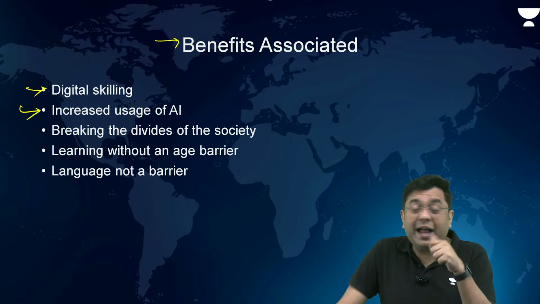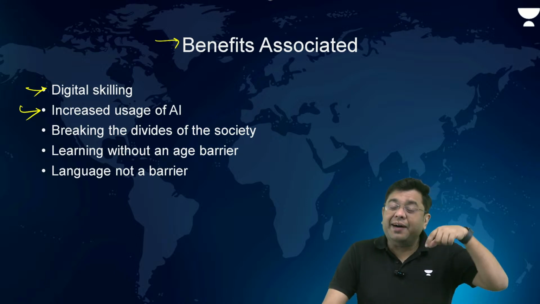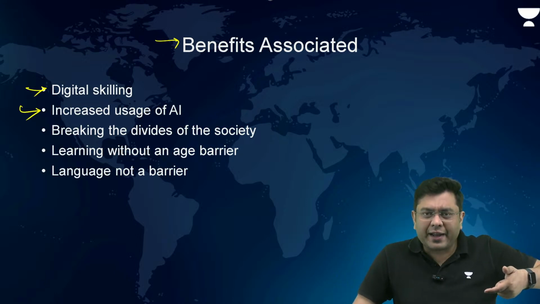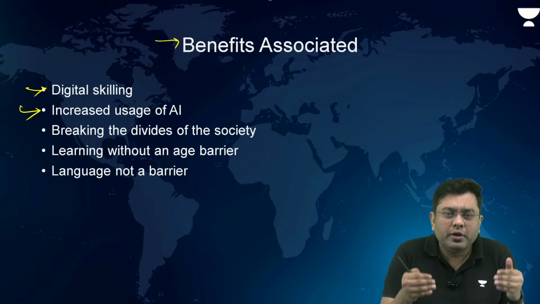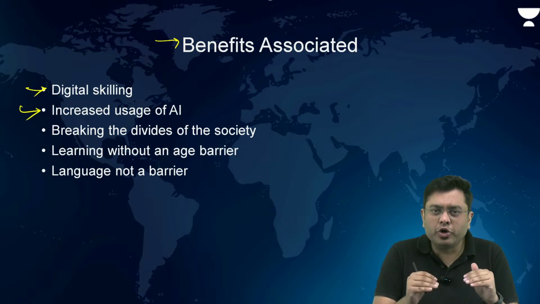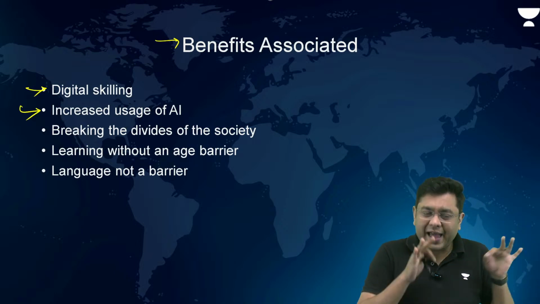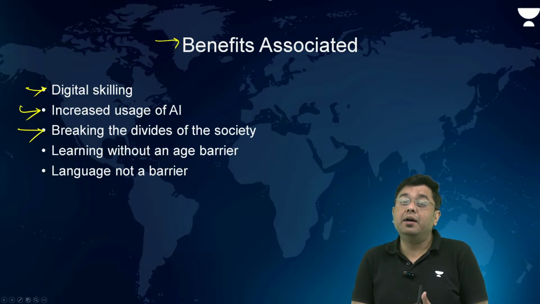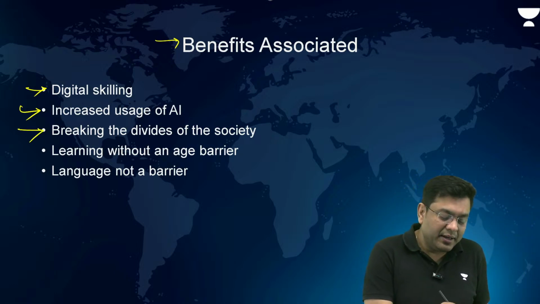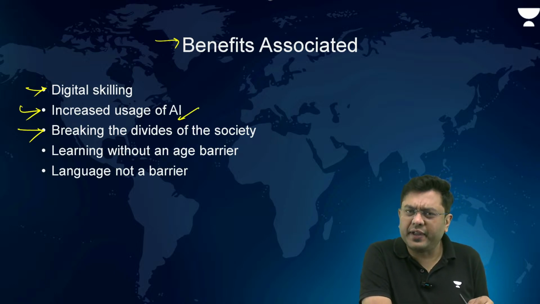But now, language is no longer a barrier. You have easy conversions into vernaculars, you have easy association with your local diction. So the AI tools have been adopted, the language barrier has been shattered. This has also been able to break the divides and incapacities of society.